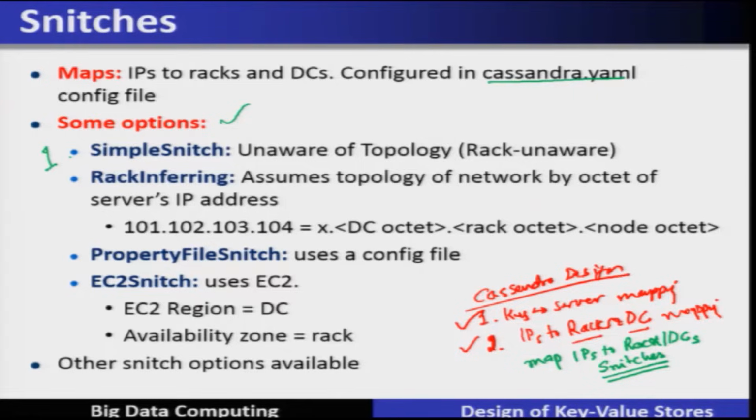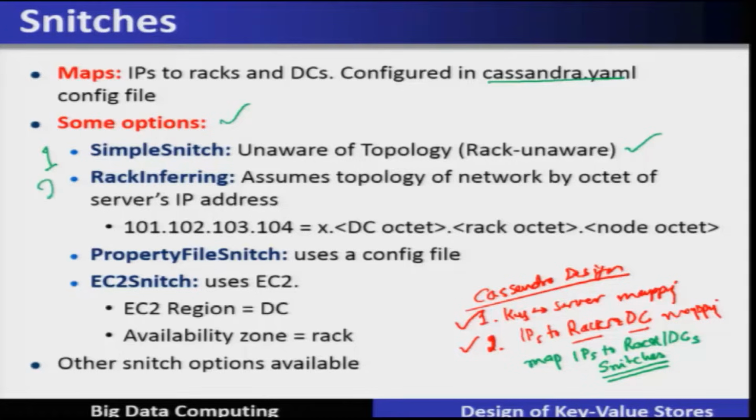Simple snitch is unaware of the topology and is rack unaware. That means the assignment will be random, and it does not have any information from the IP addresses about where it is going to be mapped. That is called the simple snitch.